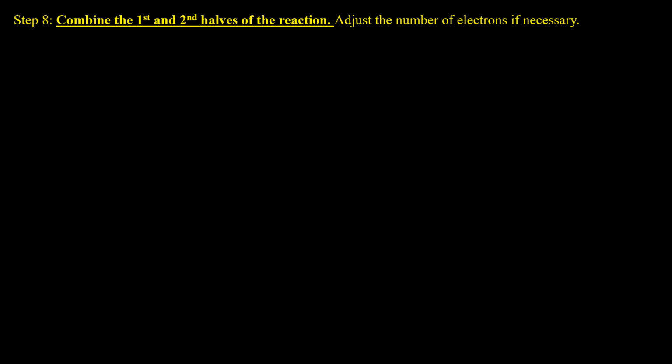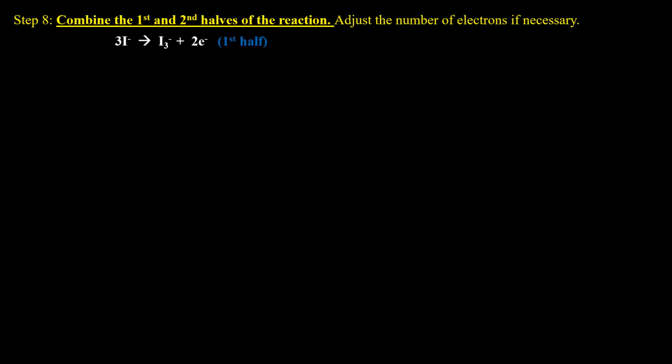Next is to combine the first and second halves of the reaction, adjusting the number of electrons if necessary. On our first step a while back, we already solved the first half of the equation, and on step 7, we solved the second half of the reaction.